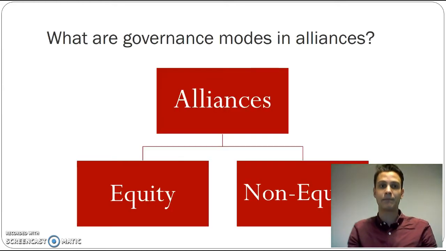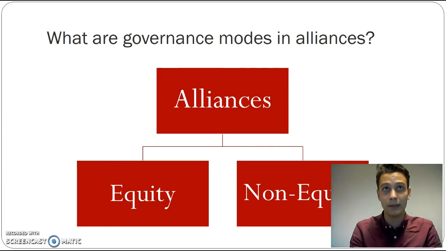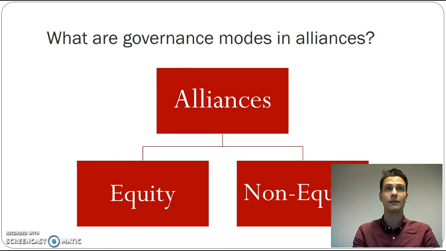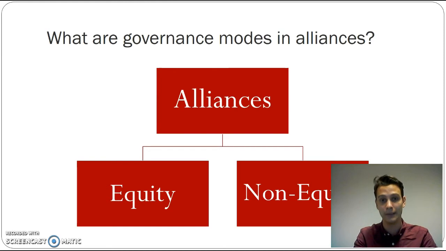Well, what are governance modes in alliances? The two articles that we are going to explain further divided alliances into equity and non-equity. The equity alliances are, for example, the joint venture, which involves the creation of a new and also independent jointly owned entity.